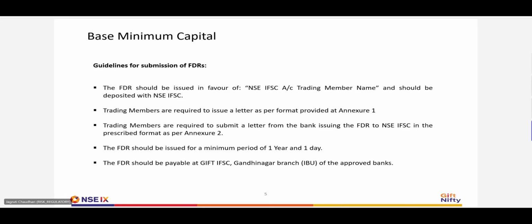We do not receive the member letter in Annexure 1 at the time of renewal of the FDRs. So members need to ensure that with FDRs, the trading members provide Annexure 1 as well as the FDRs along with the NHAs of the bank, also on the very day when the maturity comes in.